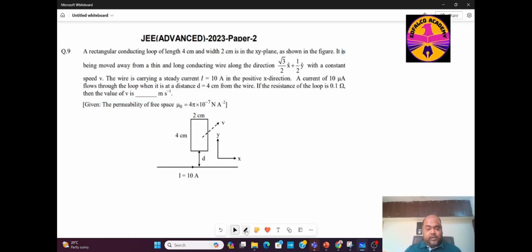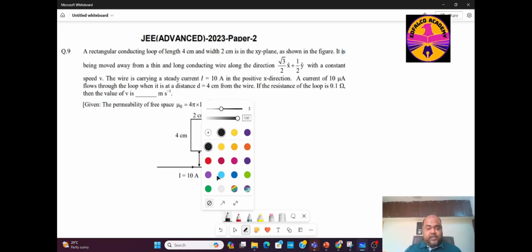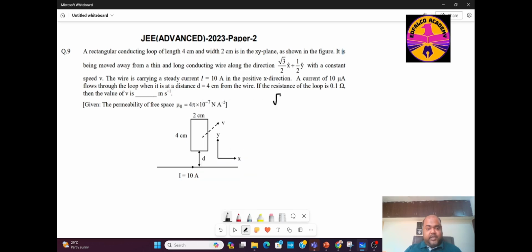One thing we understood was definitely that it's a rectangular coil, and the second thing is that it is being pulled in the unit vector root 3 by 2 along x cap plus half along y cap. How do I know that this is a unit vector?